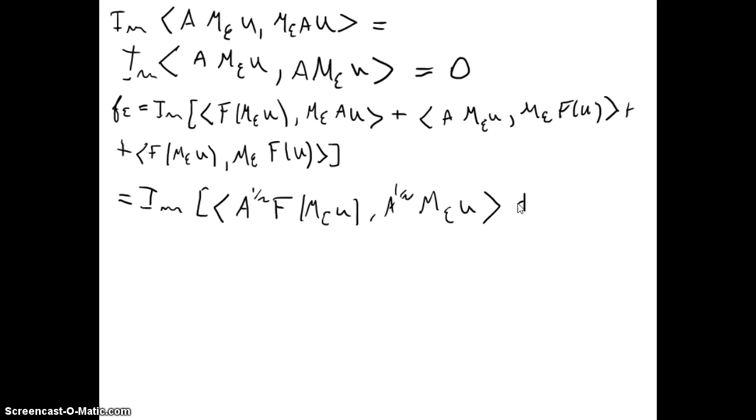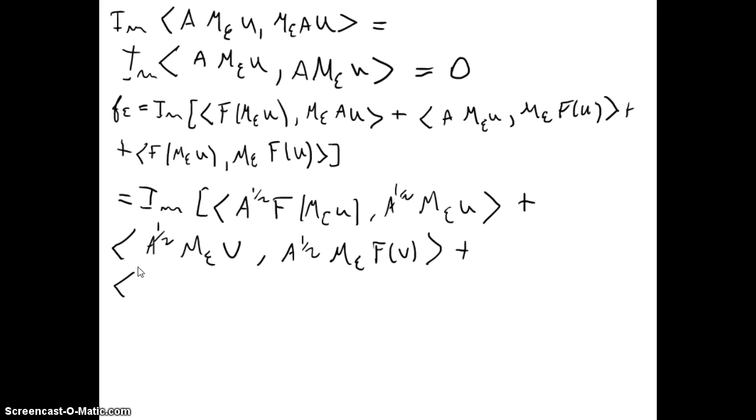And then again we do the same for this term, A^{1.5} M epsilon u, comma, A^{1.5} M epsilon f u, plus another term, f M epsilon u, which will stay the same, M epsilon f u.